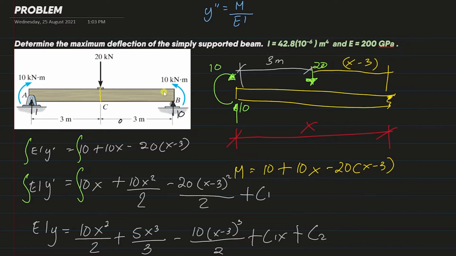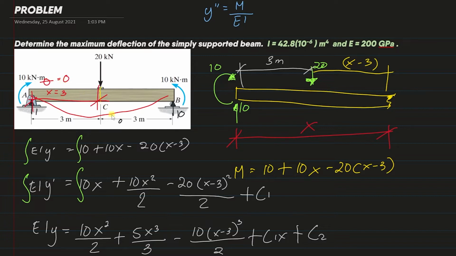Uniform all of it. So, how are we going to use that to solve for C1, the arbitrary constant? Simply, when our x is equal to 3, we know that the slope is equal to 0.